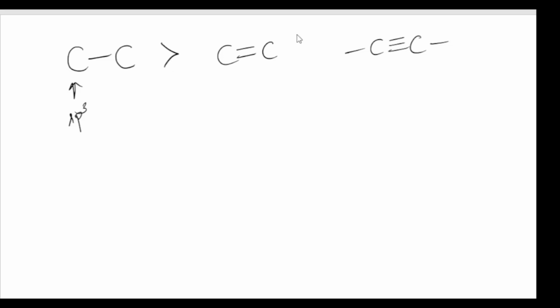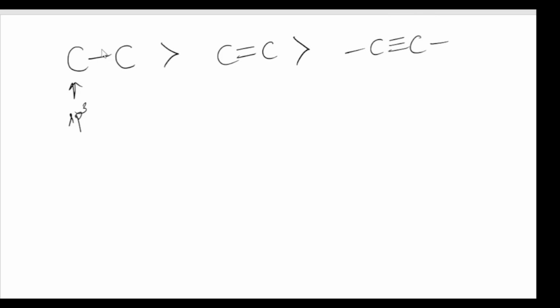Suppose if carbon carbon single bond is there, single bond means it is sp3 hybridized carbon atom. Then here I can write carbon carbon double bond, and here carbon carbon triple bond. The bond length will be greatest for the single bond, then the carbon carbon double bond, and the shortest will be carbon carbon triple bond.